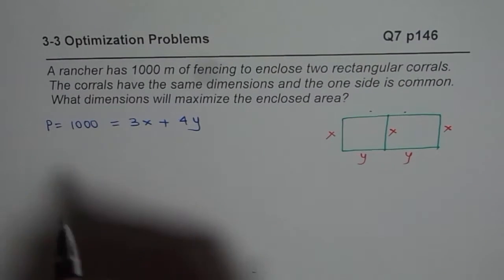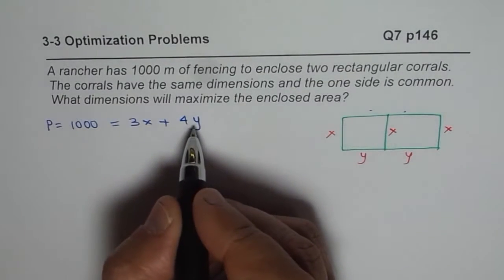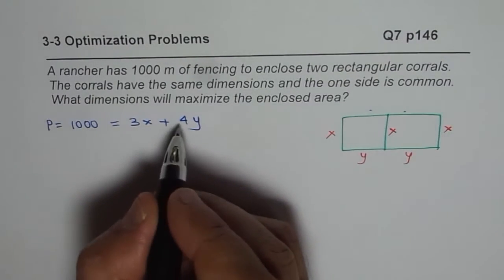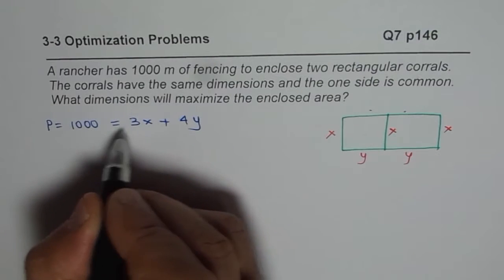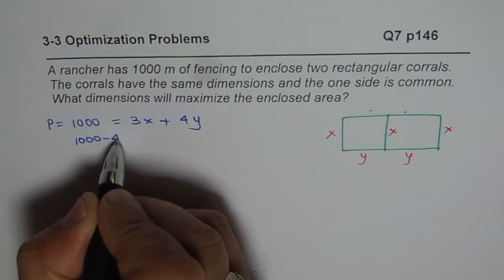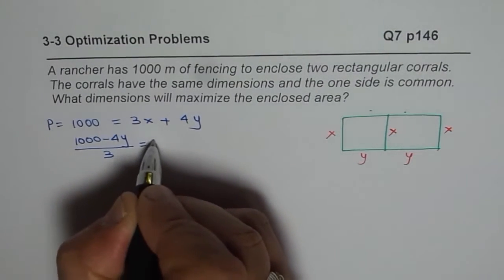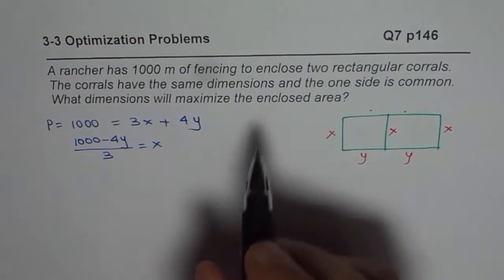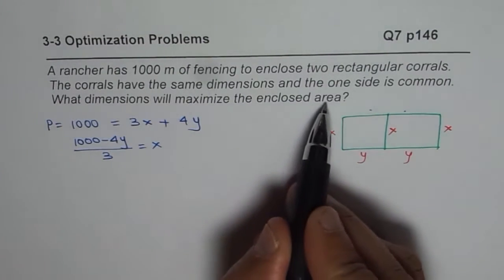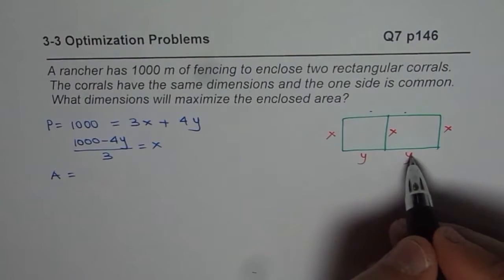Now in this particular case you could write one variable in terms of the other. For example, you could say that x is equal to (1000 minus 4y) divided by 3. So that is the value of x. Now you need to maximize the enclosed area. So we say area will be length times width.